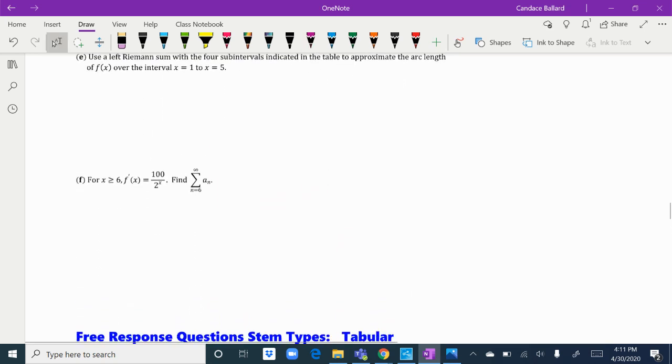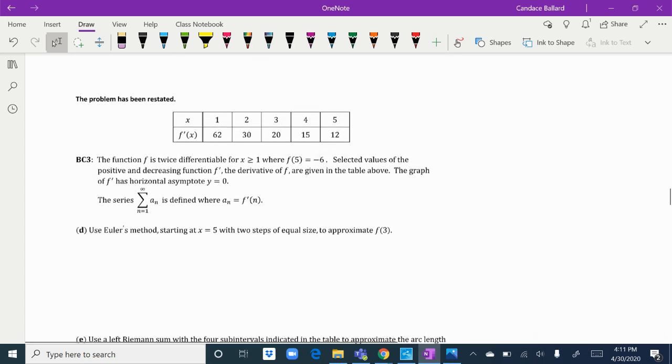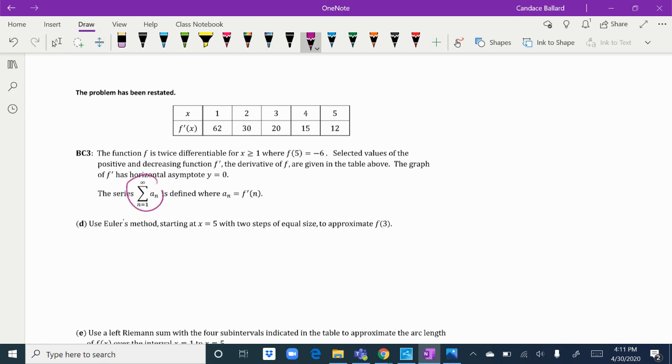Okay, so it looks super scary because it says for x greater than 6, f prime of x equals 100 over 2 to the x, and we're supposed to find the summation from n equals 6 to infinity of a sub n. All right, if I don't know what that means, I know what summation means, I could start expanding that. They did tell me in the stem of the problem that this series is defined and a sub n equals f prime of n.